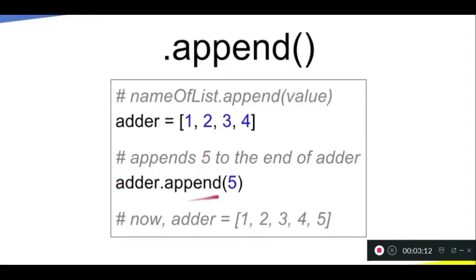Since this is a number, we are using 5, but if we want to add a string, we will use double inverted commas, as mentioned that strings use double inverted commas. So now the new list would be 1 2 3 4 5.